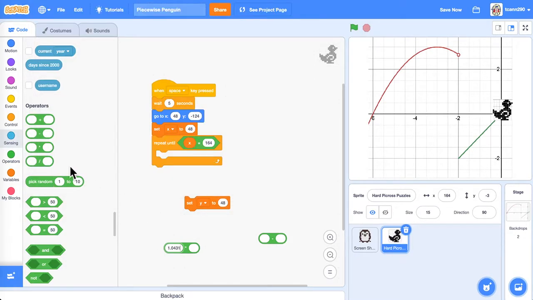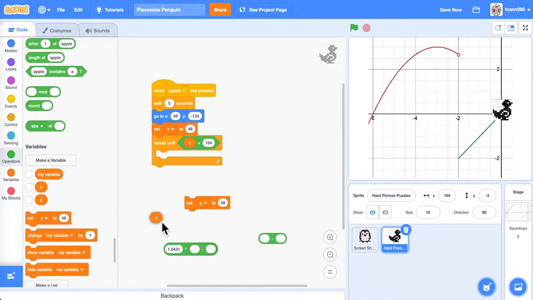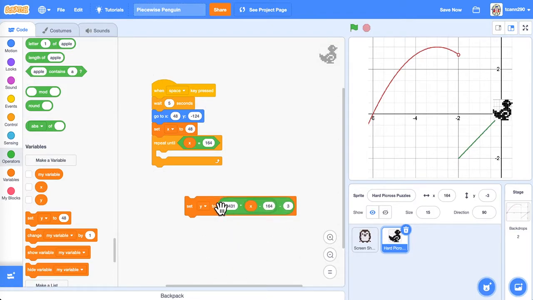X minus 164, so I need another minus. If I piece this along with that other pill, drag it over, pop in the 3, I got my minus 3, I'll have my relation.